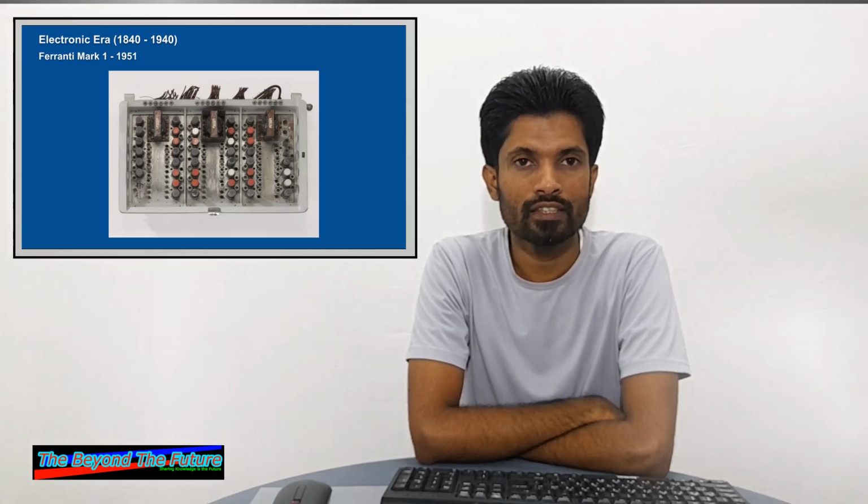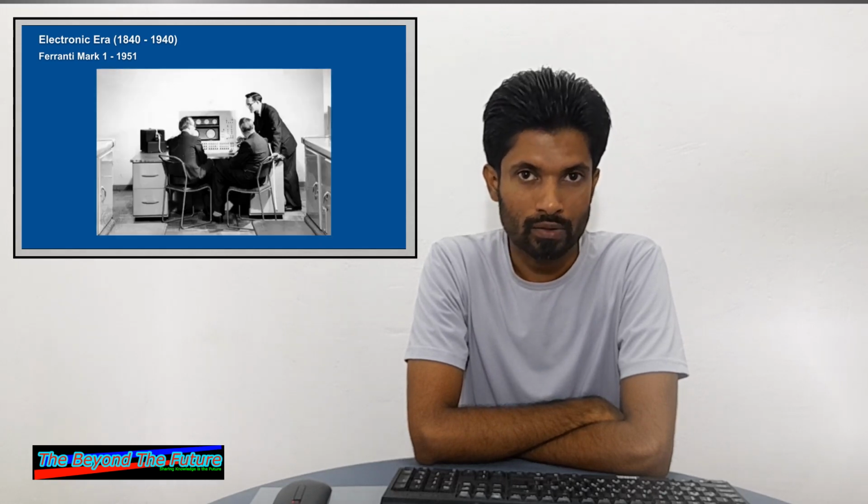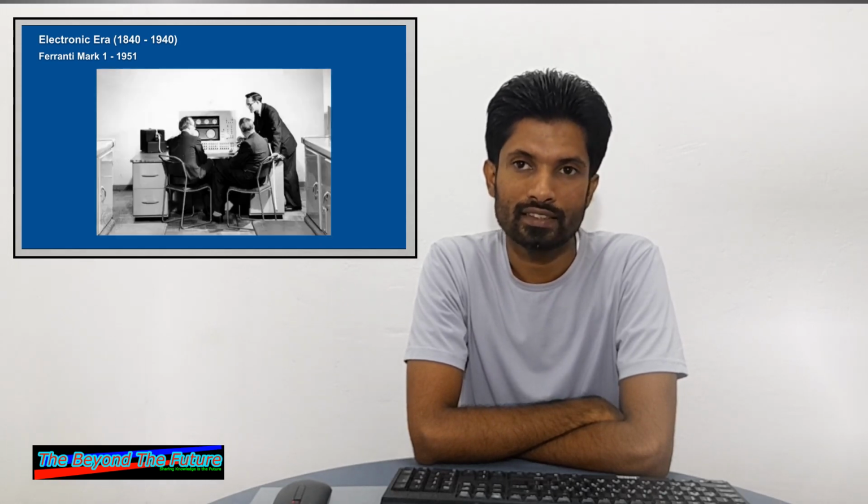In February 1951, the first machine was delivered to the Victoria University of Manchester. The first UNIVAC 1 was sold to the US Census Bureau on March 13, 1951, but it did not arrive until December of the following year.